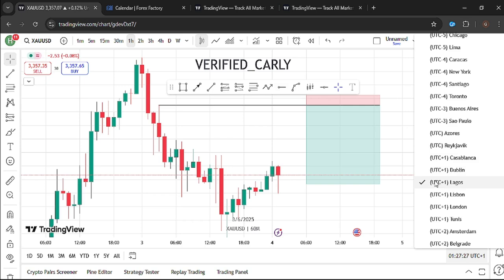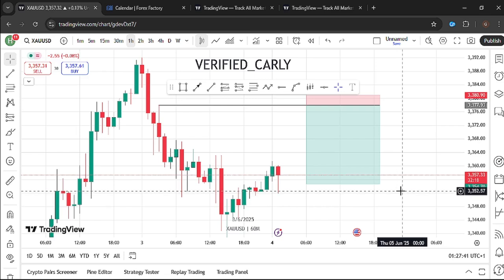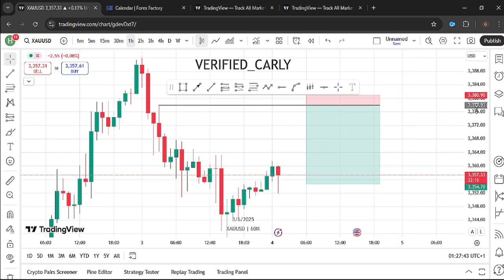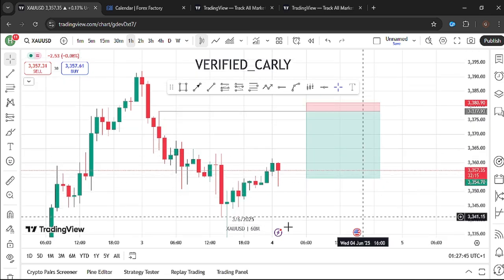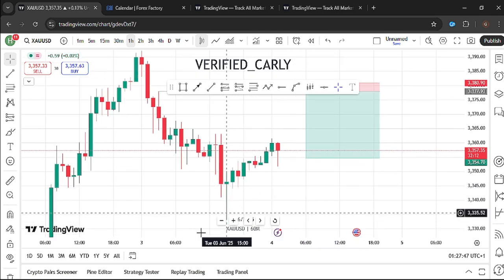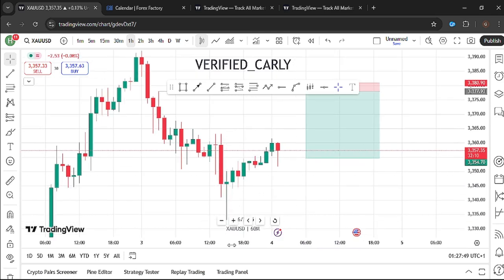It's very important, because understanding sessions and time zone, which you read in this course, will give you a clearer and better understanding of the specific time that price makes some certain moves. So time zone matters, and below it, as you can see here, is your date and time.